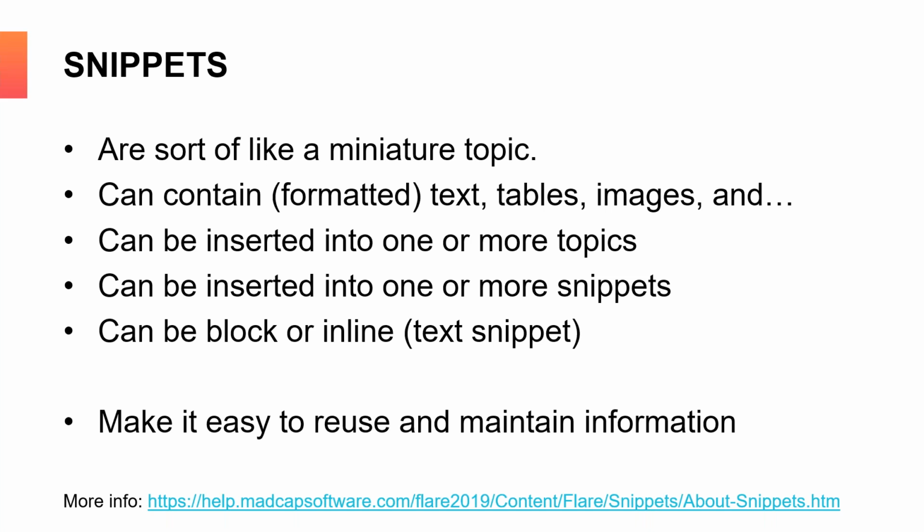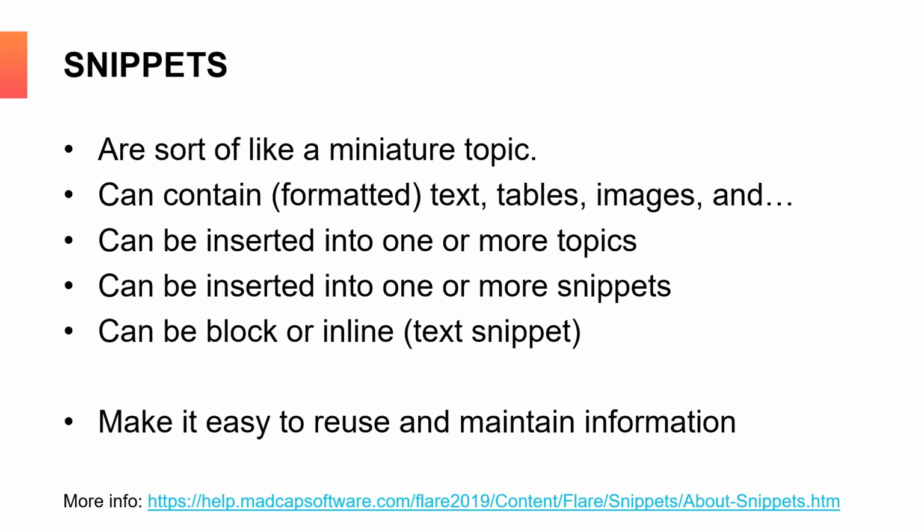You can also insert them into one or more topics, or even inside other snippets. So you can have a snippet consisting of other snippets consisting of other snippets. You can embed them and create a whole layered structure. I think that at Collibra, the record is 5 levels of snippets.